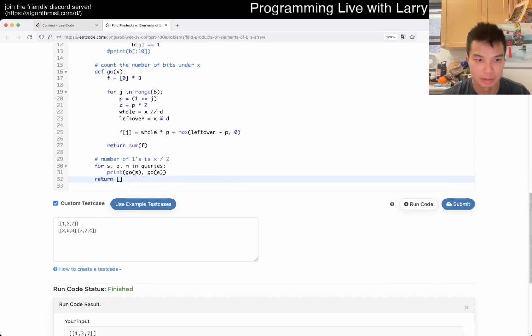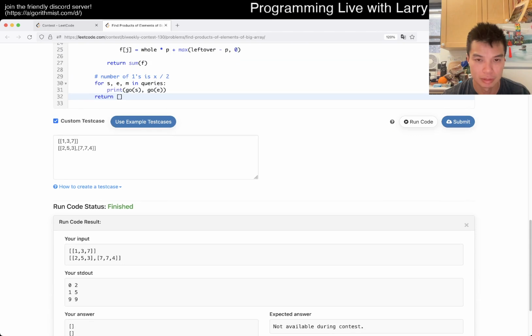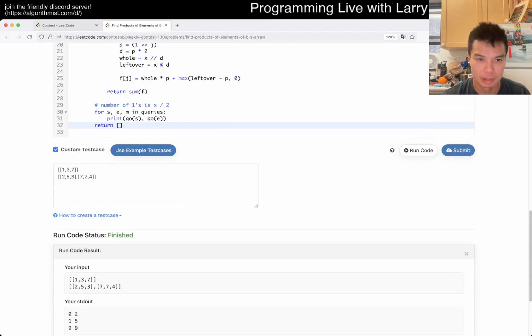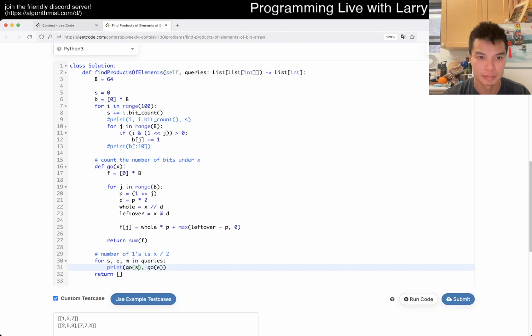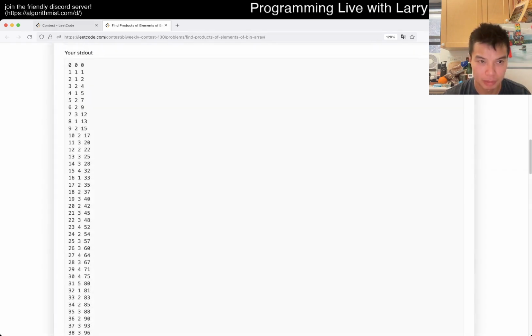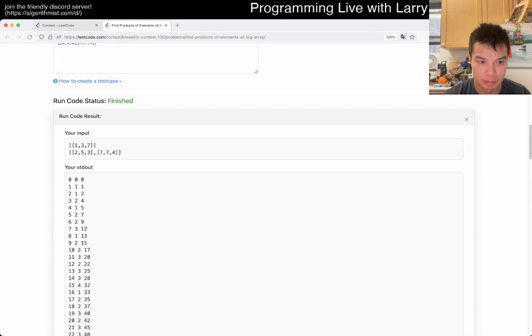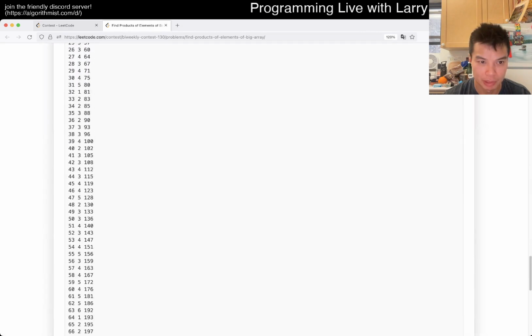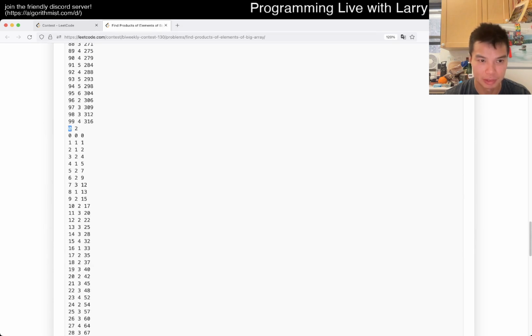It's not inclusive, is that right? Let's do this. So 1 should be 1 and 3 should be 4. Am I getting that right? 0 and 2 is definitely not right.